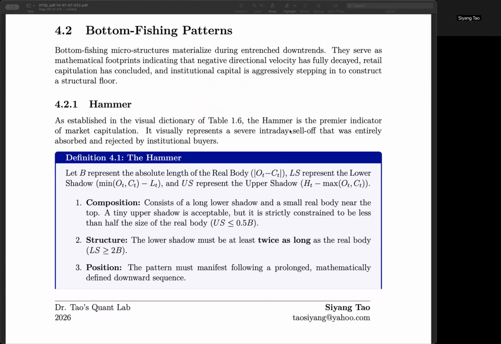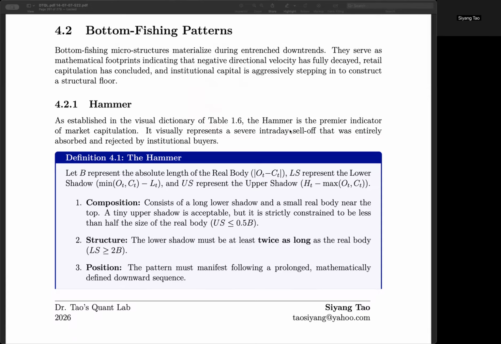In our previous session, we discussed the philosophy of reversals and physics of momentum decay. Today, we put that theory into practice by looking at our first and most famous bottom fishing macro trigger, the hammer. Bottom fishing patterns are designed to catch falling knives.